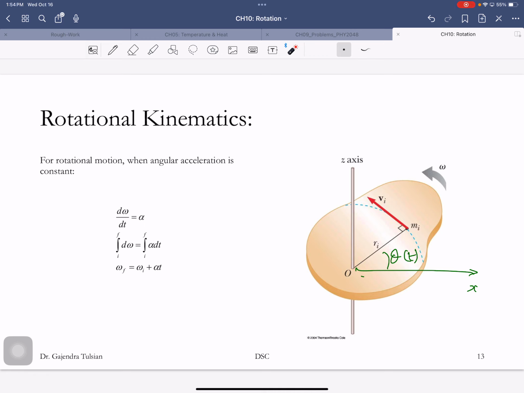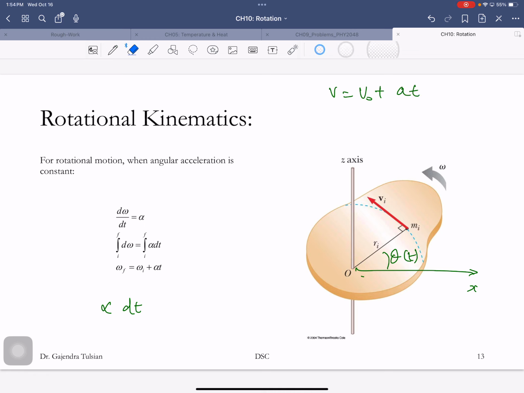Angular acceleration is given by d omega by dt, and you can integrate both sides of the equation, alpha dt. What we're going to do is derive the parallel of the linear equation.